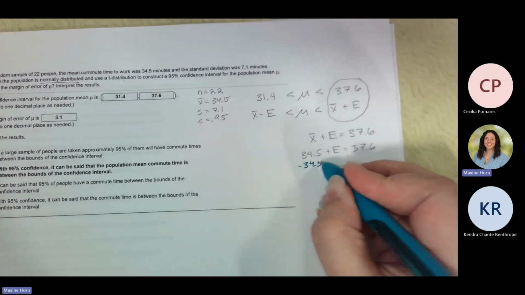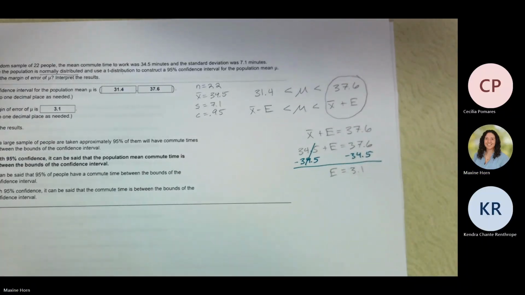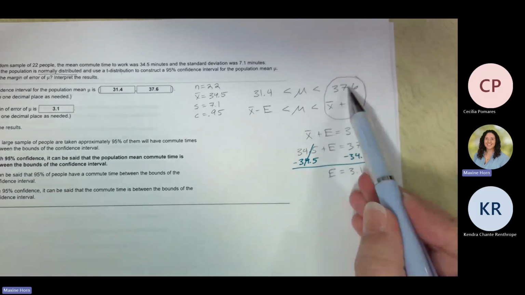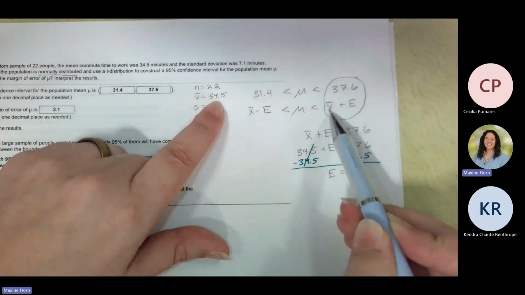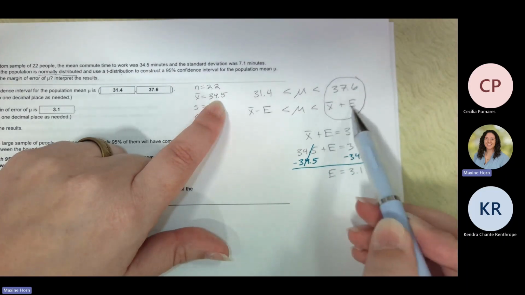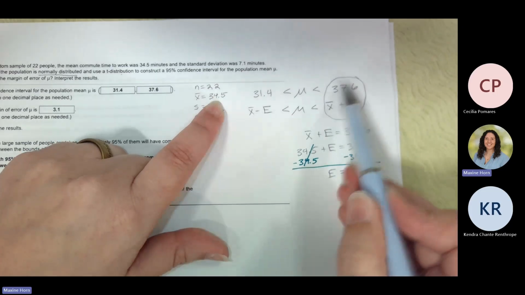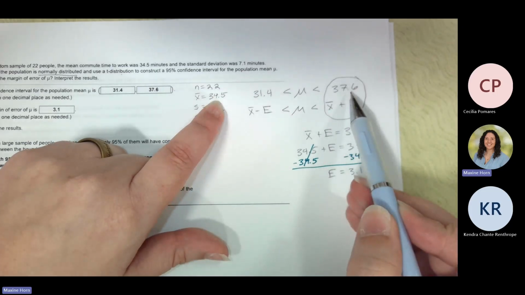I'm going to move the 34.5 to the other side of the equation, and that's how I get that the margin of error is 3.1. I'm going to do 37.6 minus 34.5. That's going to get me 3.1. Or if this feels too complicated, just remember that this number is the mean plus something. So what do I have to add to the mean to get 37.6?